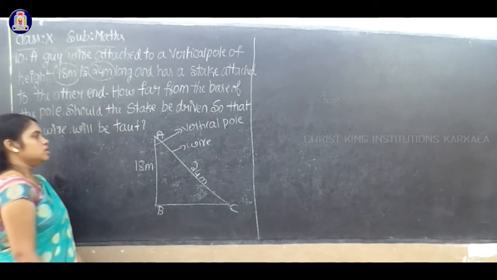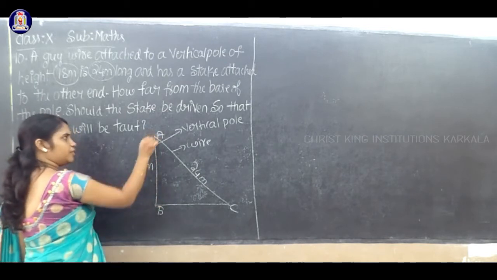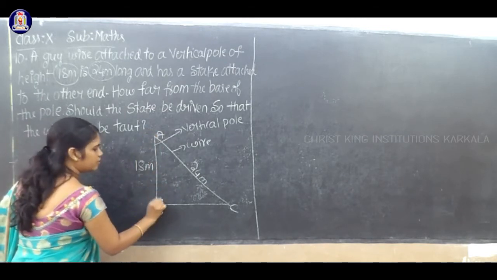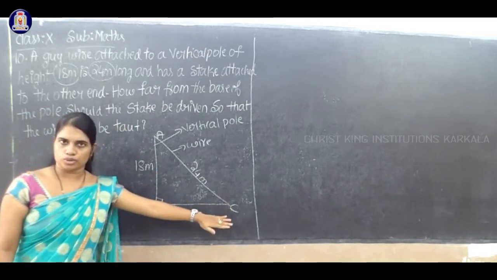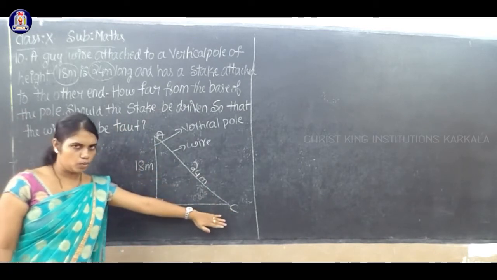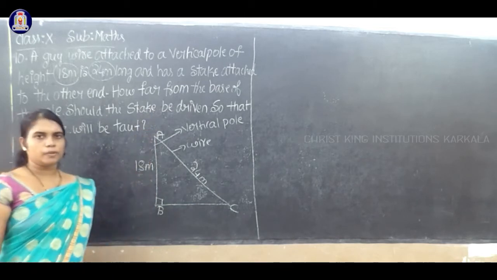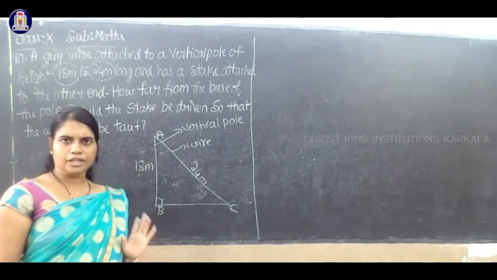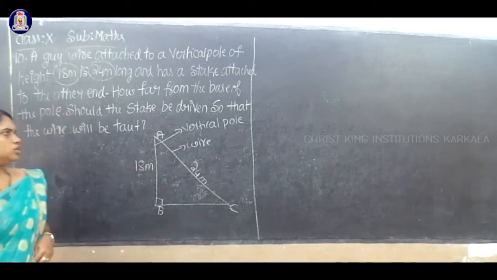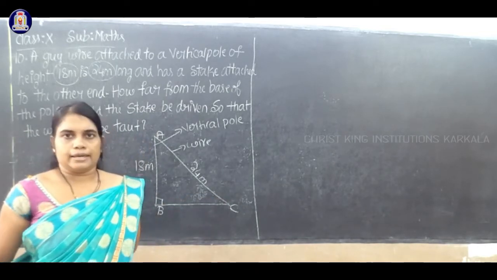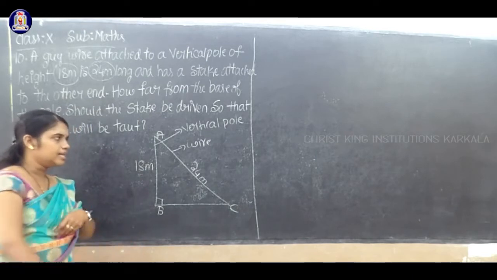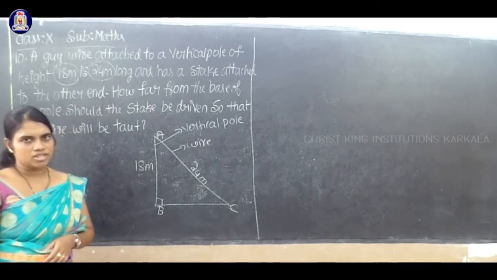Yes. See, this is your vertical pole. Always the vertical pole will be perpendicular to the ground, isn't it? So this is the ground now. Always vertical pole means it is perpendicular, isn't it? So can you observe here ABC is a right angled triangle. Since it is a right angled triangle, can I apply Pythagoras theorem here?